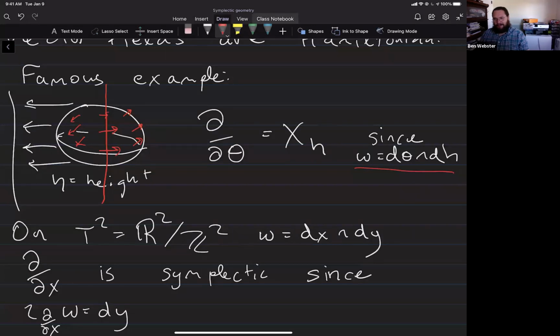You're more used to thinking about gradients of functions where you point in a direction where the function changes the most, but that's not what you want here. You want something which keeps the function constant. So rotation indeed preserves the height function. So it's at least plausible that height is the Hamiltonian function.